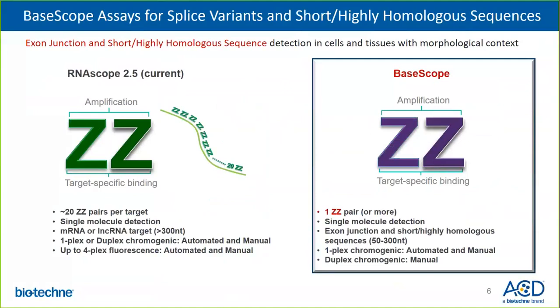This is due to a more advanced amplification system that can now allow for a probe as short as 1 ZZ, or targeting as few as 50 nucleotides. BaseScope is also capable of single molecule detection and can be used to detect up to 2 targets simultaneously.